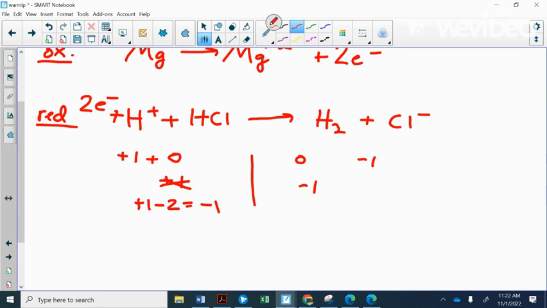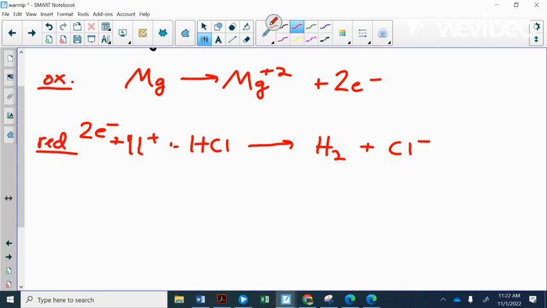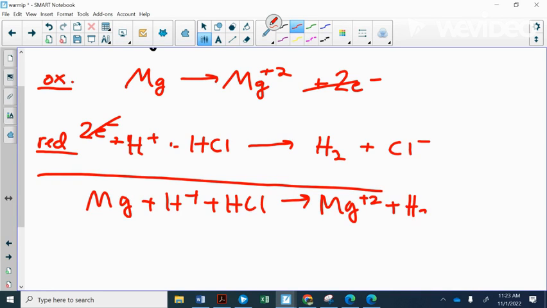So now we just put them back together. I'll erase this. That was an H plus. The electrons cancel out. They were equal, so I didn't have to multiply either reaction by anything to make them equal.